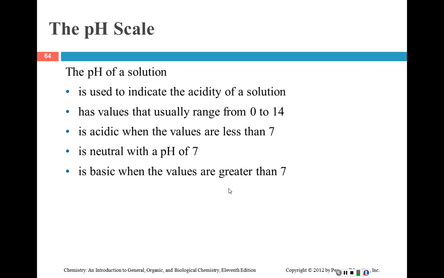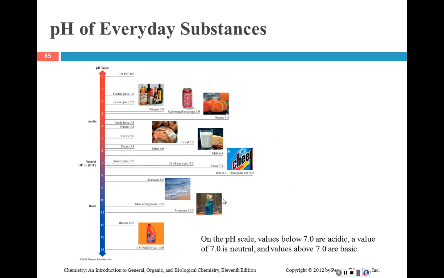The pH of a solution is going to tell us how acidic that solution is, and it's going to have values ranging from 0 to 14. It's acidic if it's less than 7, it's neutral if it's exactly 7, and it's basic if it's greater than 7.